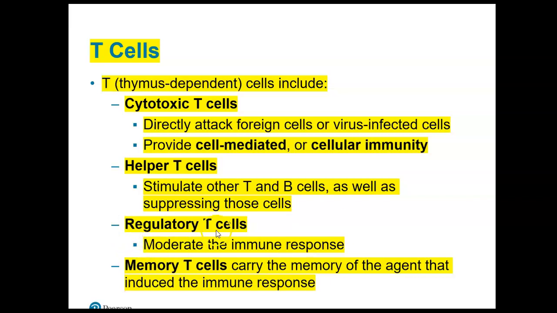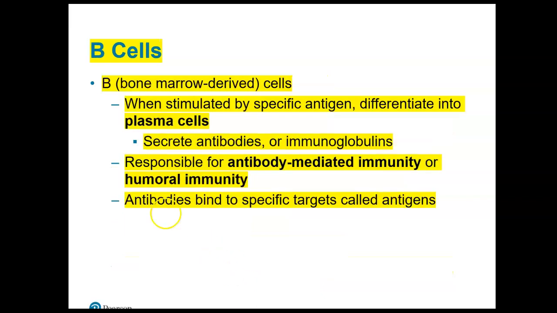So you want it to be effective, but then you want it to stop whenever it's done its job. Memory T cells carry the memory of the agent that induced the immune response, so they can divide very fast if that particular threat comes back a second time.